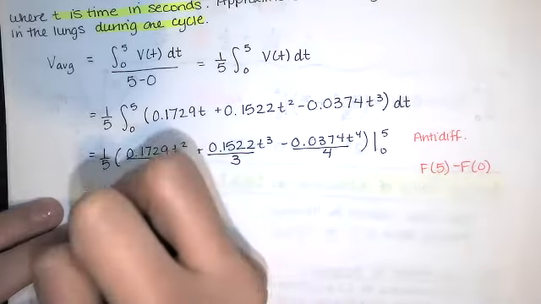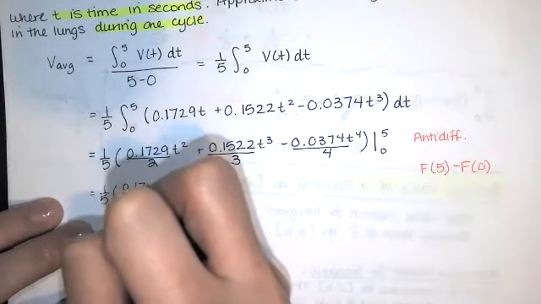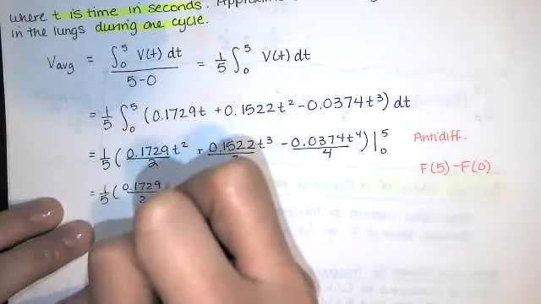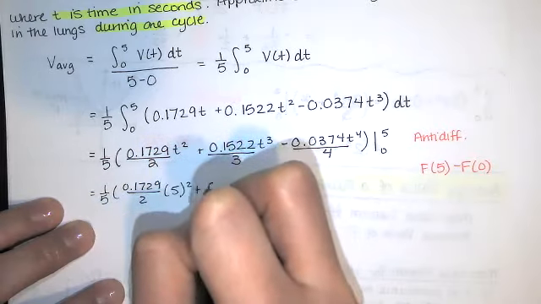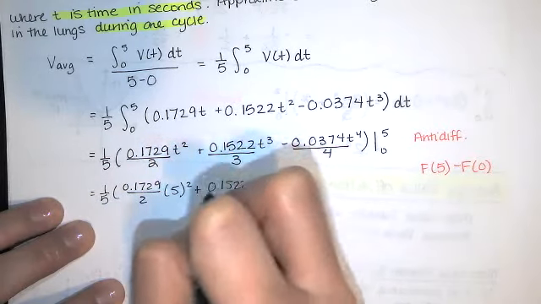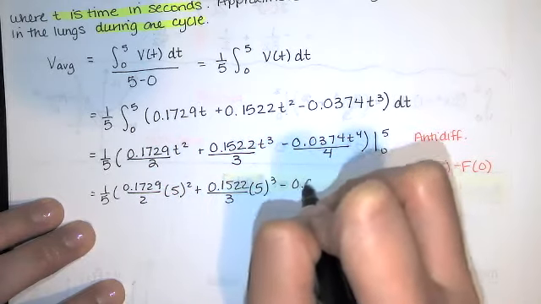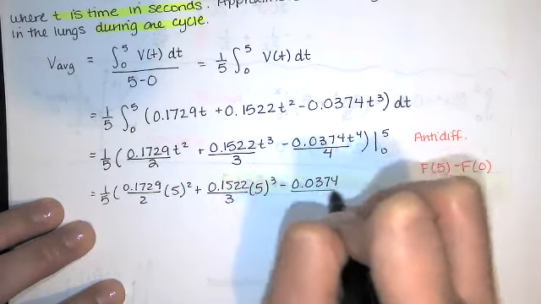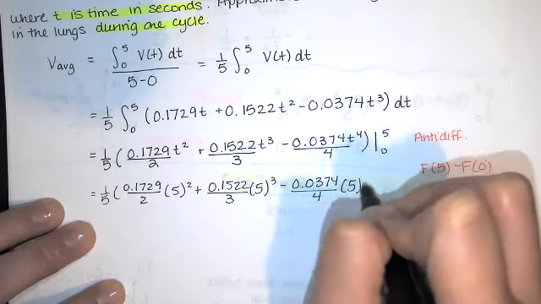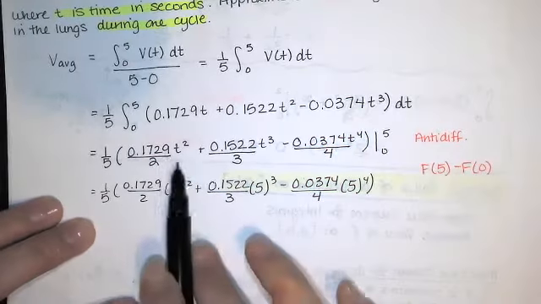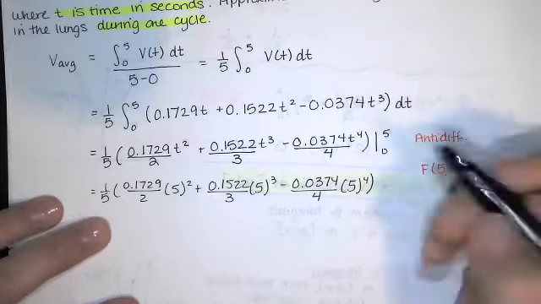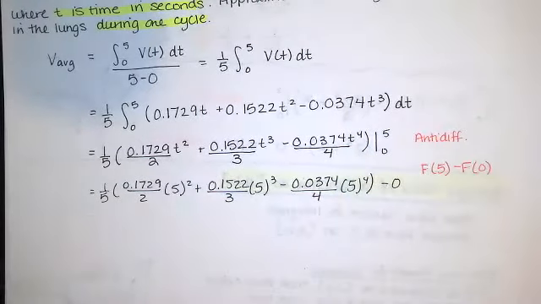At t equals 5, we get this. And when t equals 0, that's 0 plus 0 minus 0, so we just get 0, and we subtract. So that's it. That's our answer.